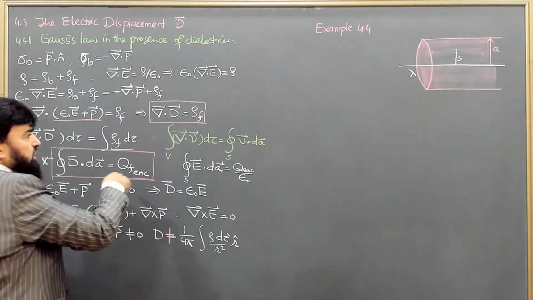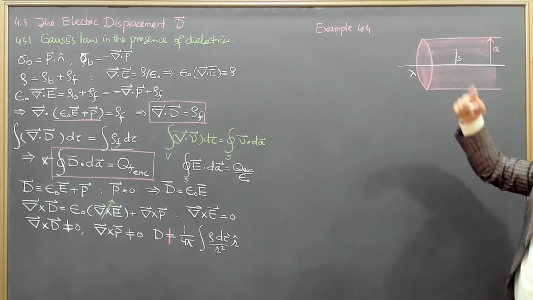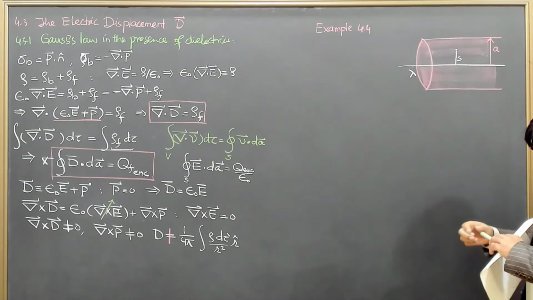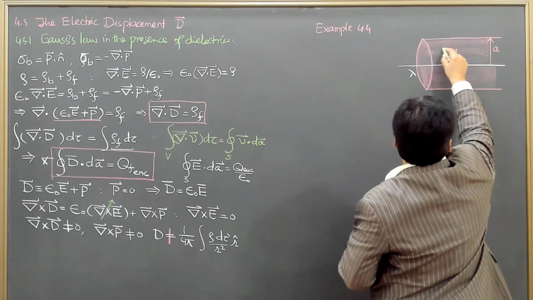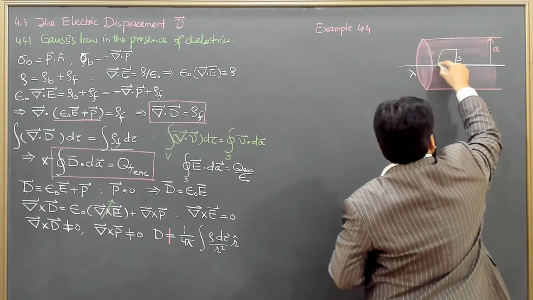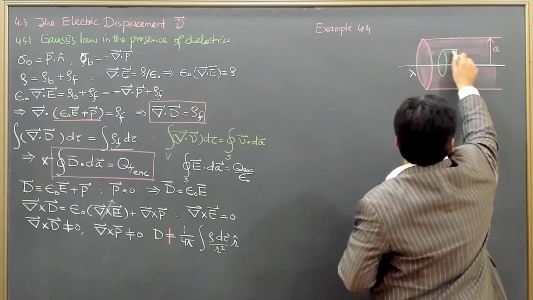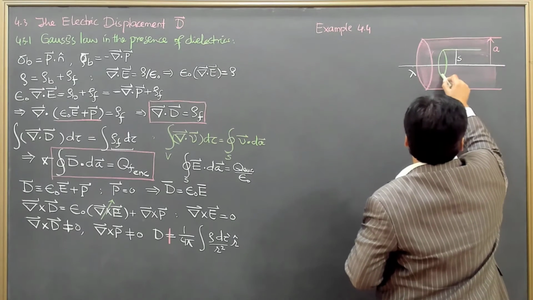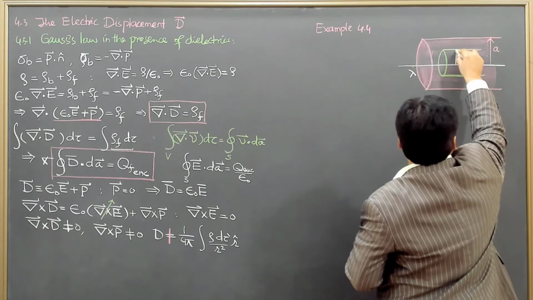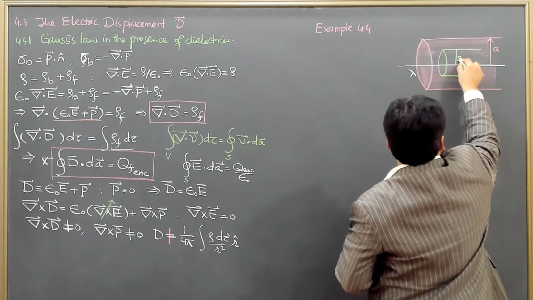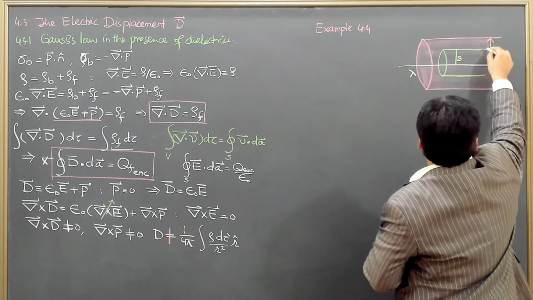It is a wire, so it will have a cylindrical symmetry as we have done earlier. So we are considering a cylinder around this wire inside this insulation material, of radius s, and it will have a certain length.